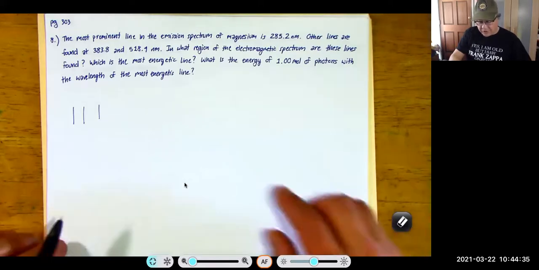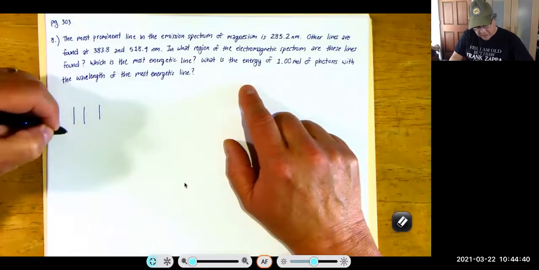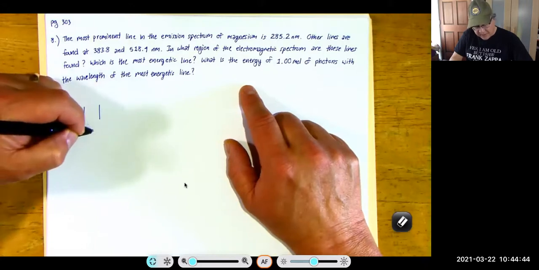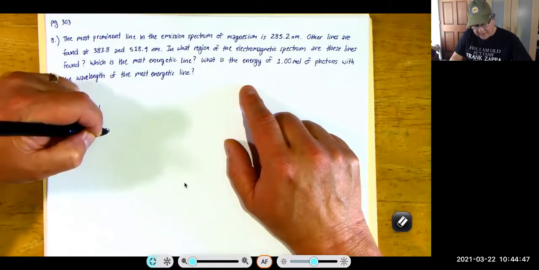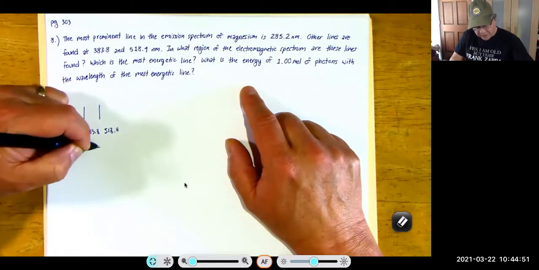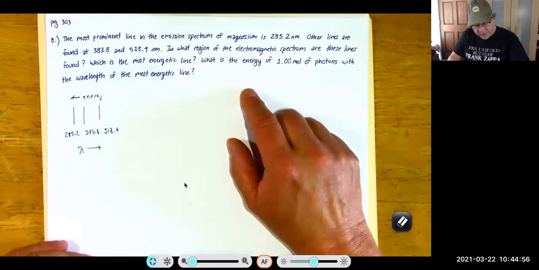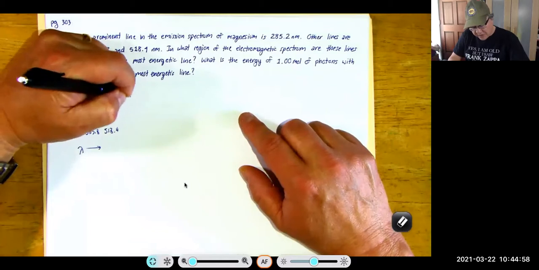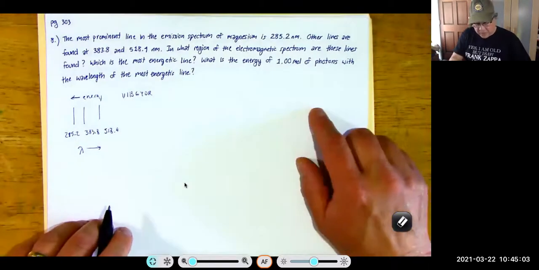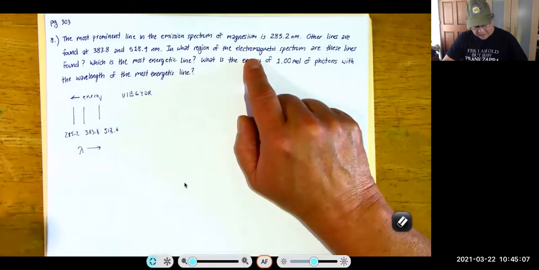Okay, so we have 285.2, 383.8, and 518.4 nanometers. So this is an increasing wavelength, which means that the energy is actually going in the opposite direction. That means we're looking at Vib Gyor, not Roy G. Biv. Okay. In what region of the electromagnetic spectrum are these wavelengths found?